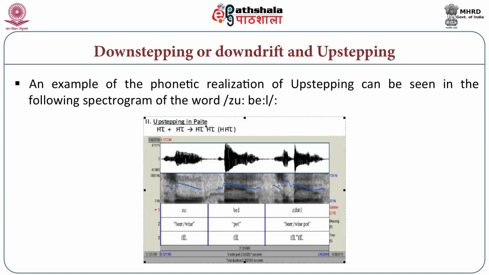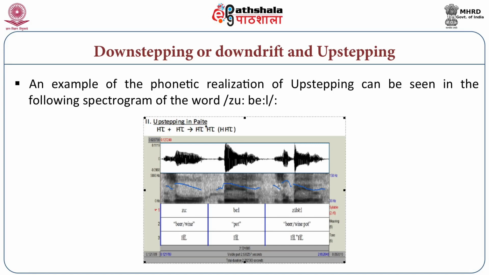For the process of upstepping, we have another word from Paite. Take a look at it on the screen. Compounding is a common process in Tibeto-Burman languages. We have a compound here meaning beer pot. It comes from the two words beer and pot, a simple compound thus.